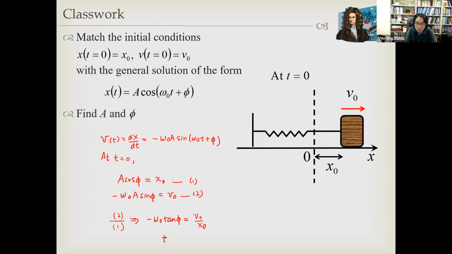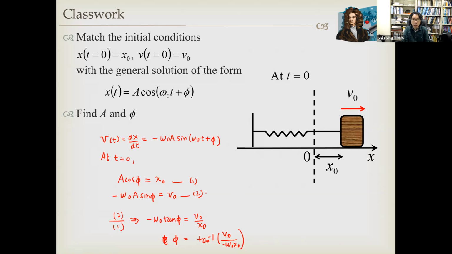And then we have the angle phi equal to arctangent of V naught over minus omega naught X naught. So this is the phase angle phi. But how do we solve for A?